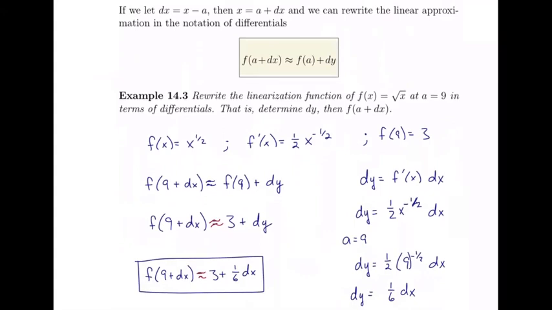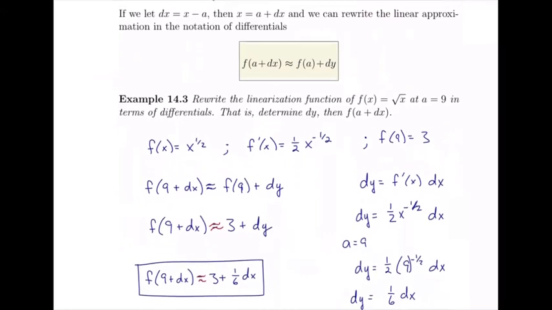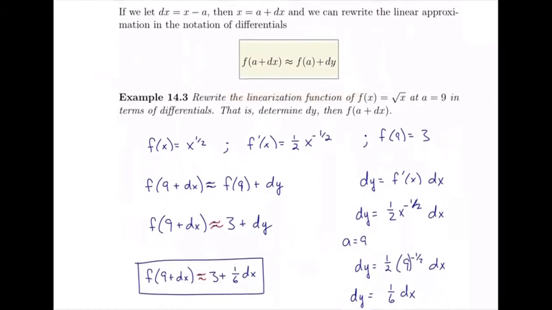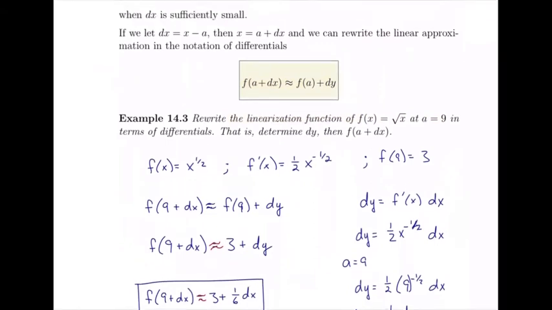So we're asked to rewrite the linearization function of f of x equals root x at a equals 9 in terms of differentials. So what we're going to do is compare this new method to what we did in the old method. So instead of writing down the function L of x, our linear approximation function, we look at the problem this way.